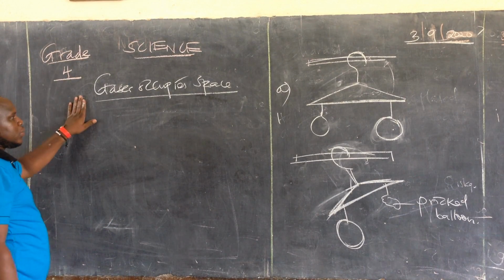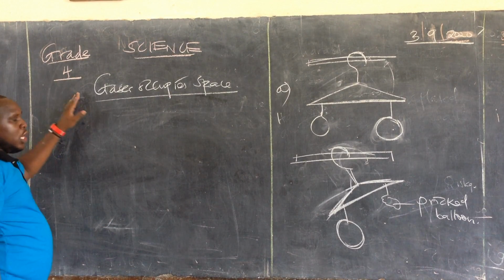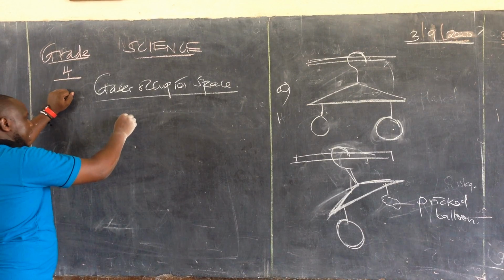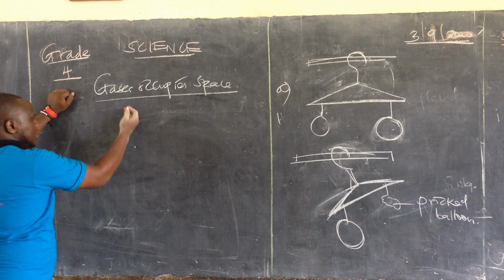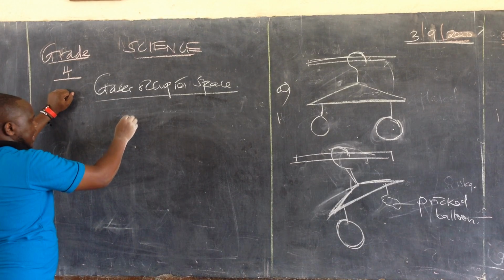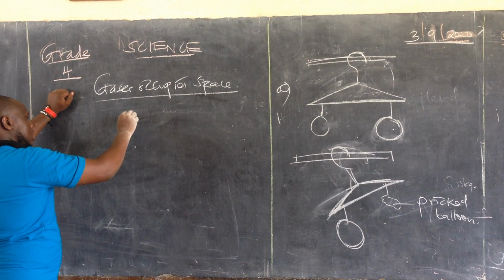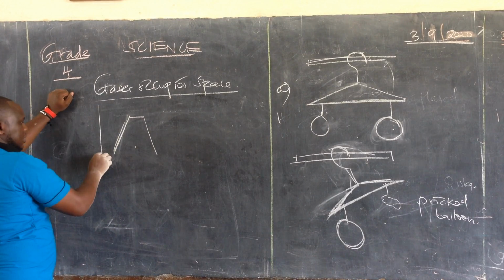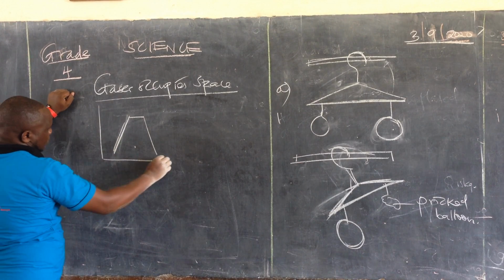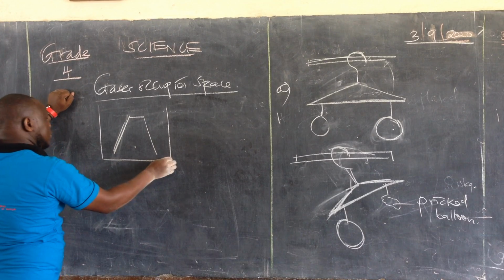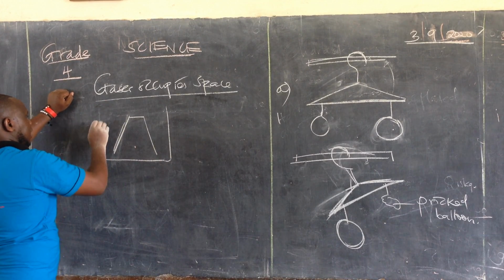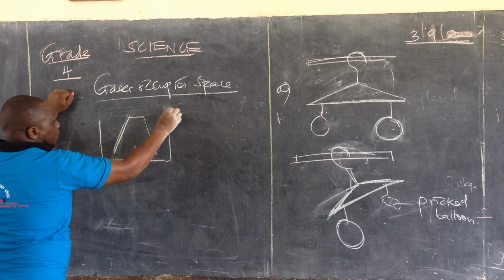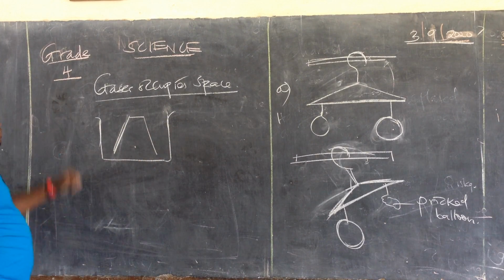If you want to investigate whether gases occupy space, you will have something like this. You have a glass, then this is a basin of water, a jar of water, the first experiment.